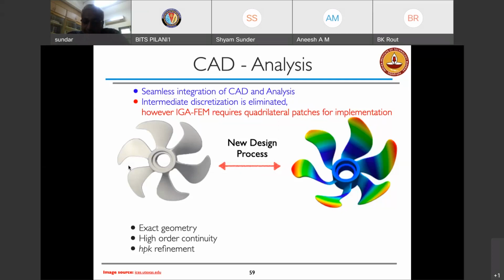And apart from just H and P refinement that we have seen in finite elements earlier in our coursework, we also can have K refinement, which is a combination of H and P, where you can refine it and then improve the order of continuity, or you increase the order of continuity and then refine it. So that sort of flexibility this provides.